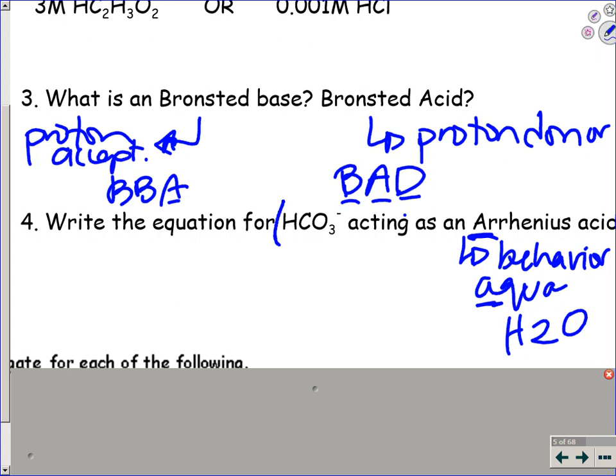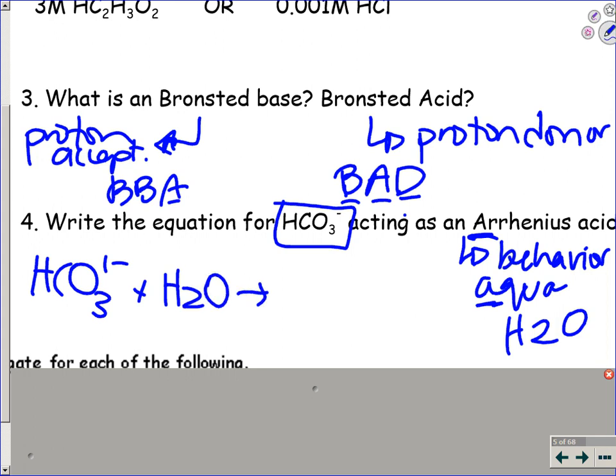So if this is the acid, it's saying HCO3 minus is the Arrhenius acid. What do we have to write for the equation? We have to write HCO3 minus plus H2O because it's specifically applying to water. Arrhenius said that all acids produce what in water? Hydronium.